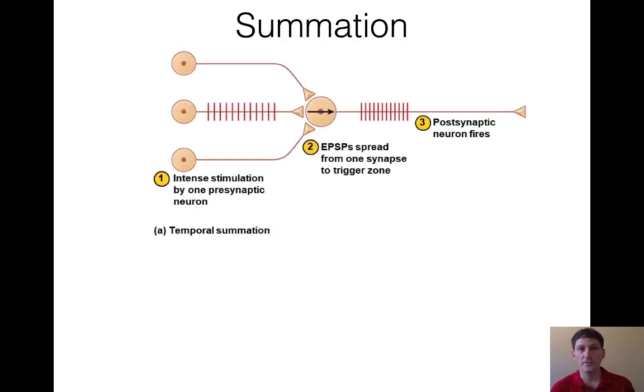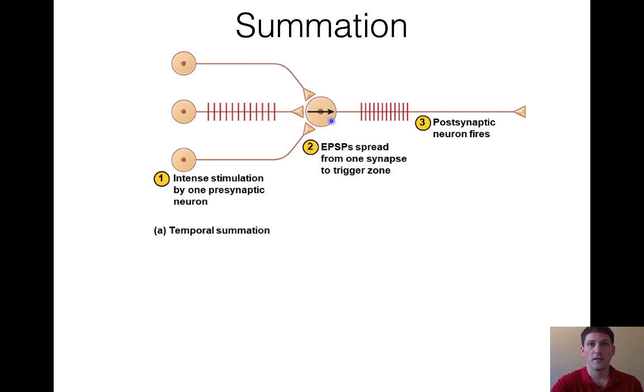Now there's a couple different types of summation. So the first one is temporal summation. So you can think of this as time, temporal for time. So here you can see that we've got 3 neurons, and they are interfacing here with this postsynaptic neuron. But in this case, we're having one neuron that's sending some action potentials pretty rapidly down its axon.